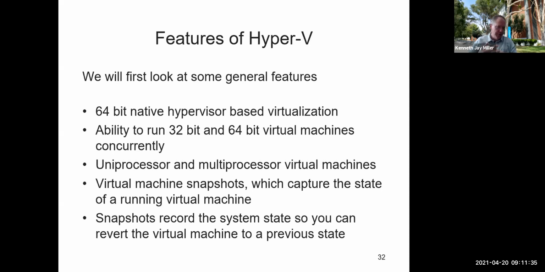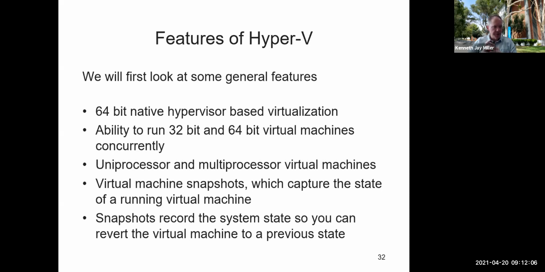So if we have a 32-bit OS like we do with the Windows 10 eval, or a 64-bit OS like CentOS 8 and Server 2019, they'll run just fine inside of it. Now the server must be 64-bit because Windows Server only runs on 64-bit processors. You can have single processor, uniprocessor, and multi-processor virtual machines.